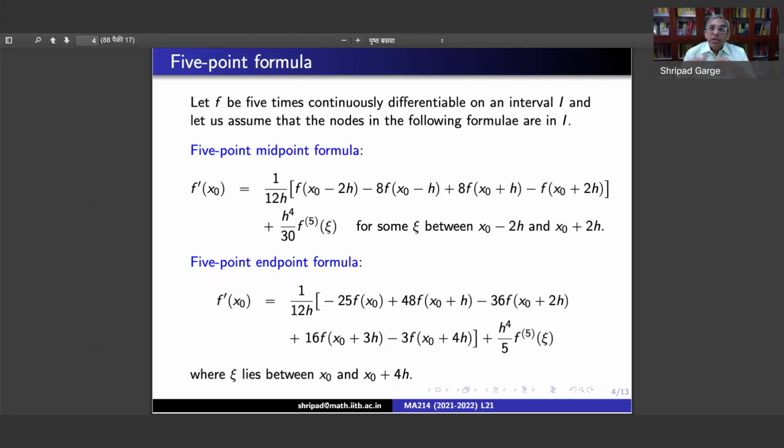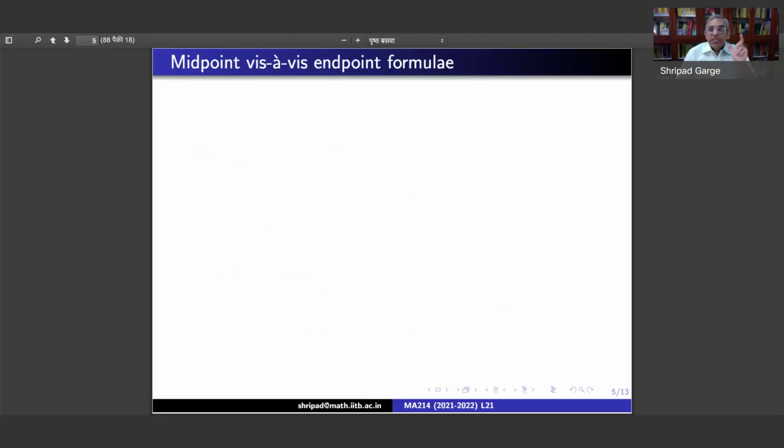Okay, h is 1 upon 10, and the error will be the fourth power of that, and so it's going to be the square of 0.001, and so it's going to be 0.00001. Okay, we will not do those examples here, but let's discuss this midpoint vis-a-vis endpoint formulae.